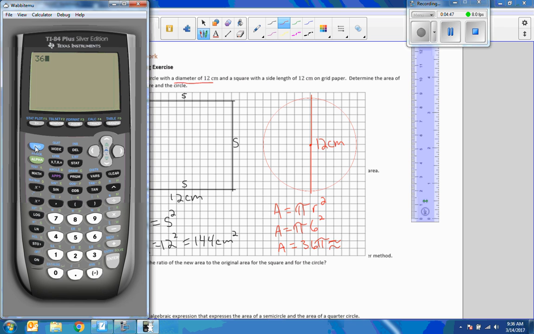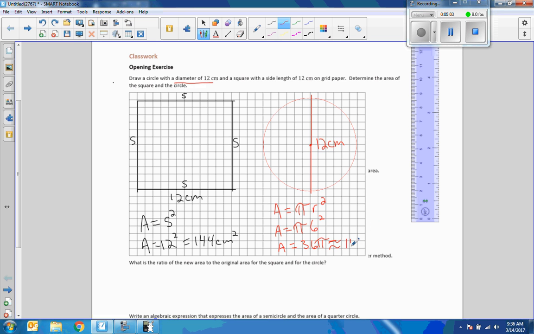So I'm going to take 36 times pi, and it's 113.097. I'll round to the nearest hundredth, so it's 113.10. So the area of this square is about 27 square centimeters more than the circle.